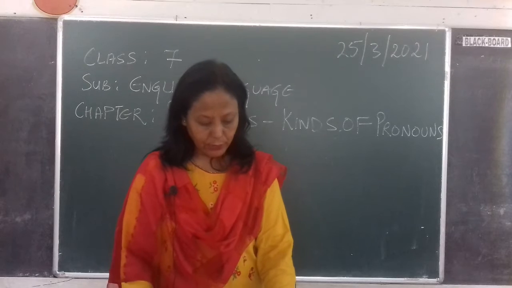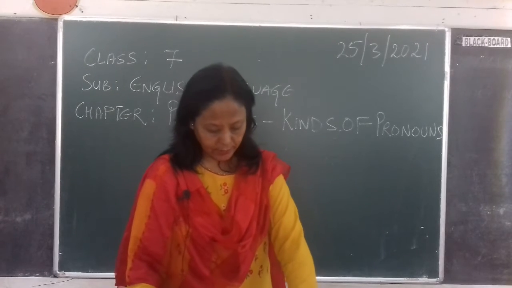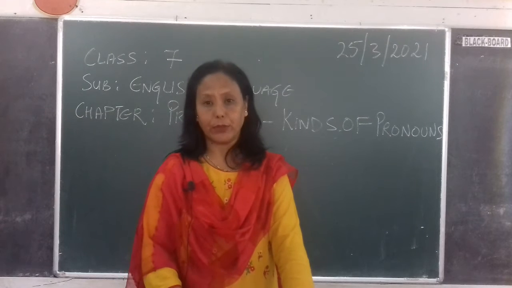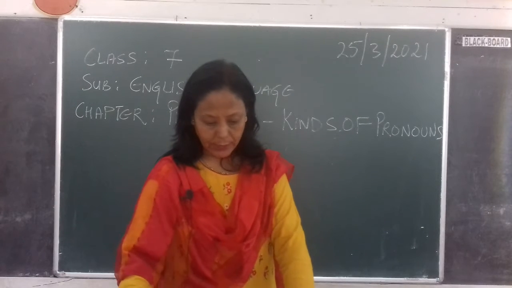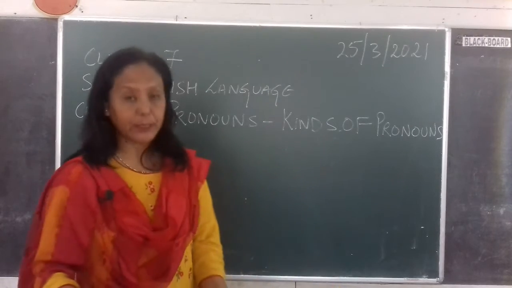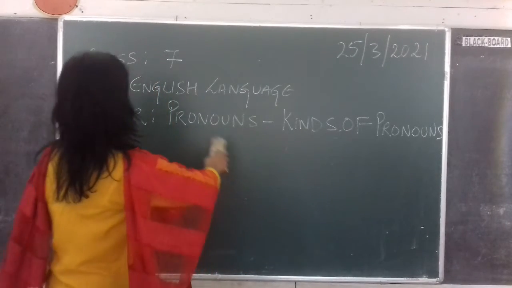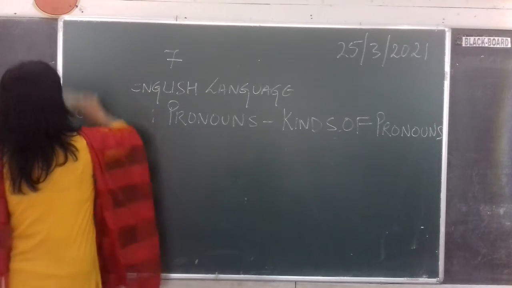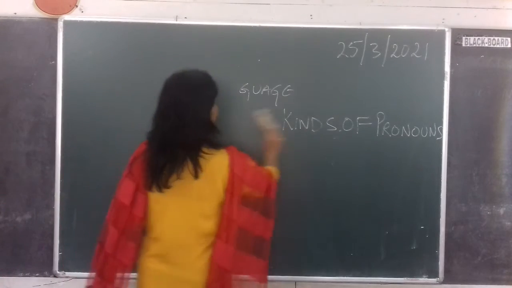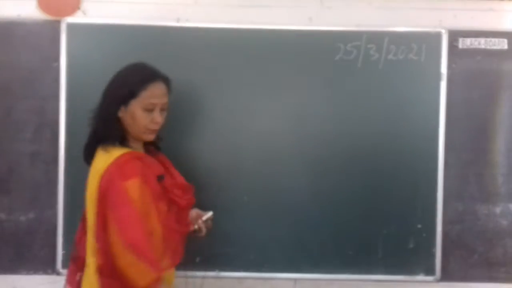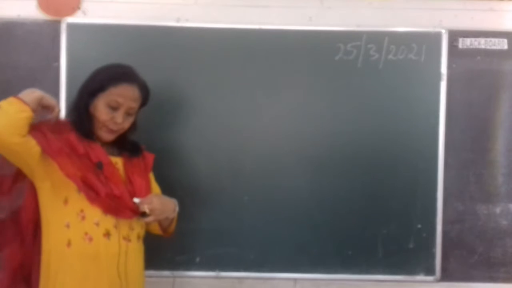So I think I had explained till demonstrative and interrogative pronoun. Today I will explain what is reflexive, emphatic and relative pronoun. Alright, so what is reflexive? Reflexive is myself, himself and all.